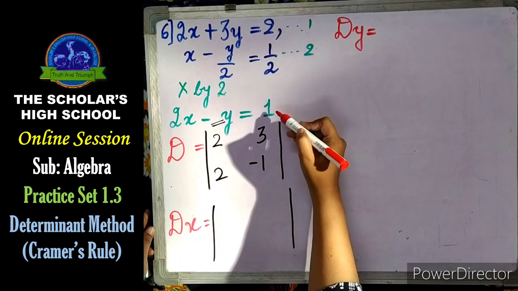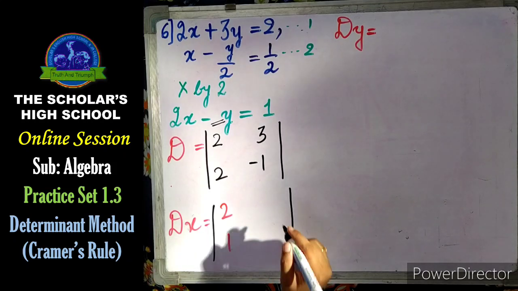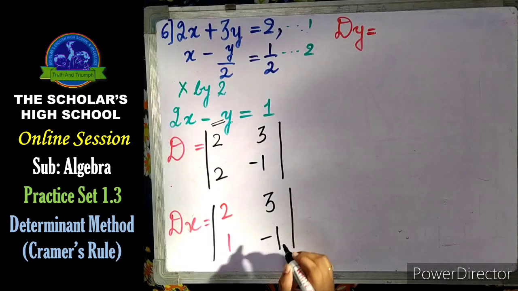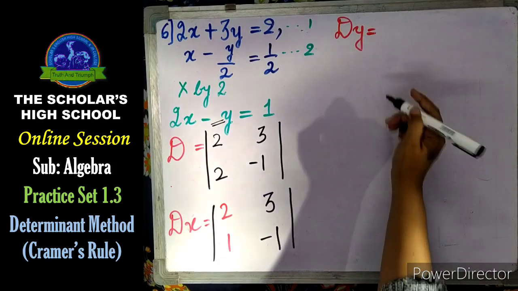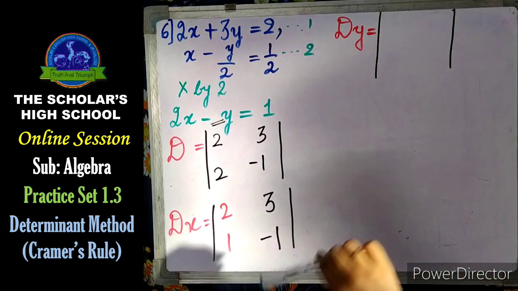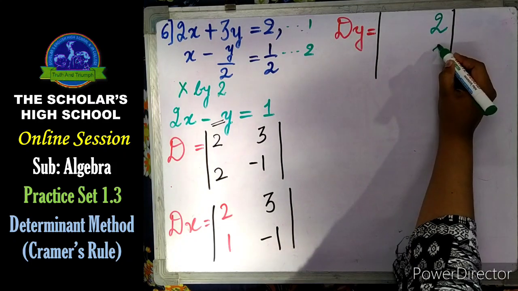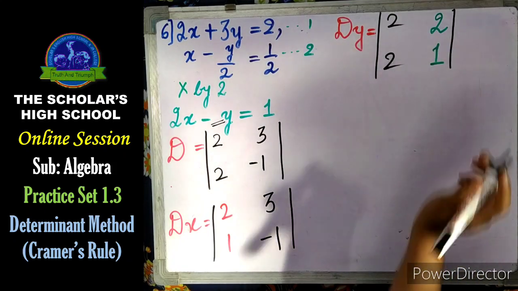Your C1 is 2 and C2 is 1. Rest other numbers remain the same. Now coming to dy. At the place of the y coordinate there will be c1, c2, rest other will remain the same.